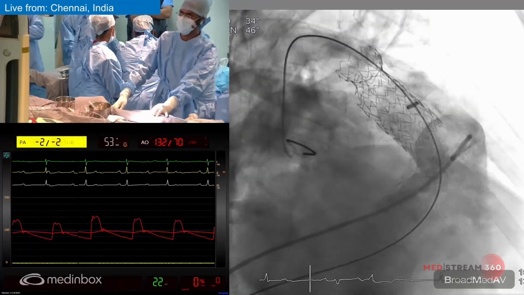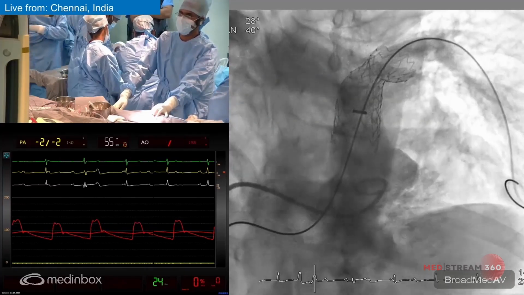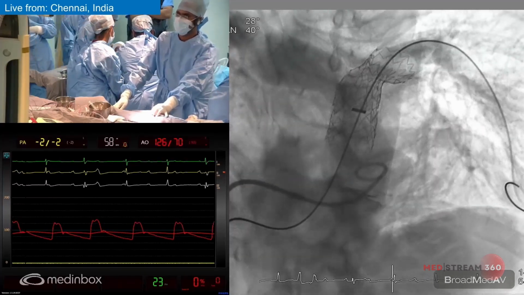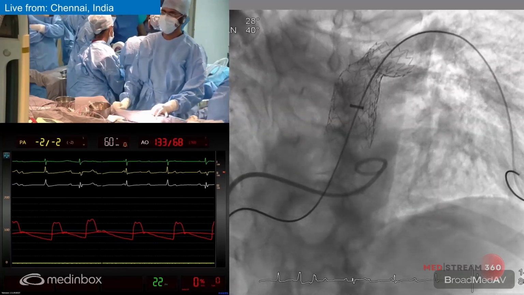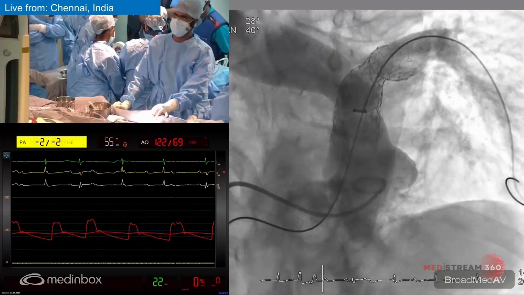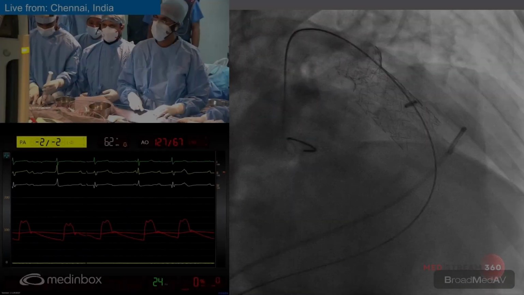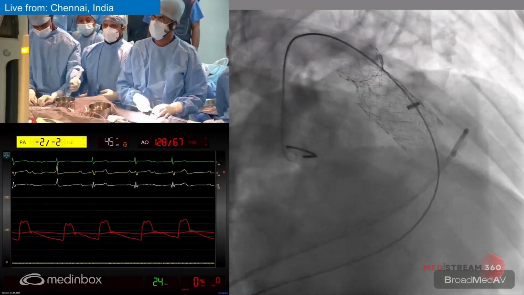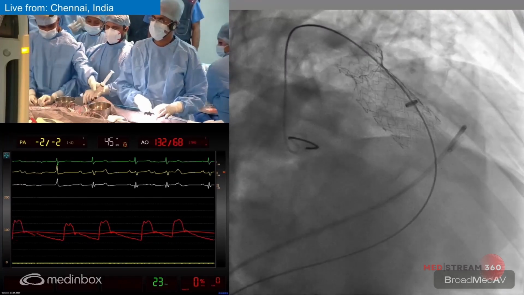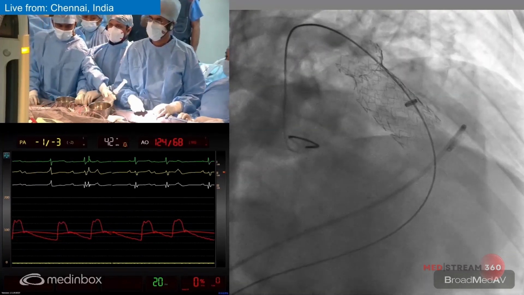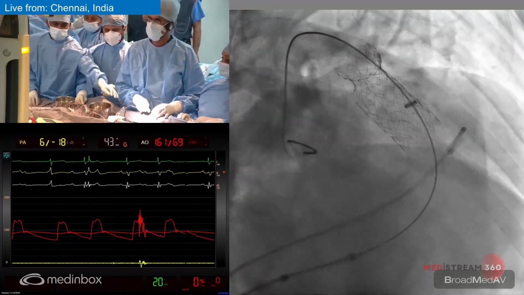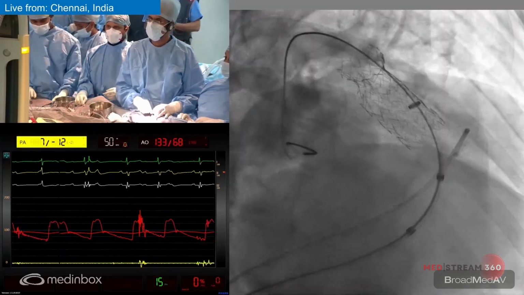Show the previous view. The previous view was not showing a good opposition. Yeah, so probably on the leftward side of the outflow tract, we have not got a good opposition, which will push the stent towards the walls of the outflow tract. So I'm taking in a reliant balloon.